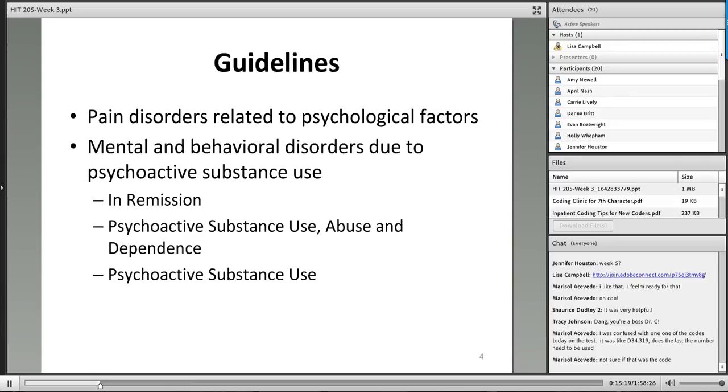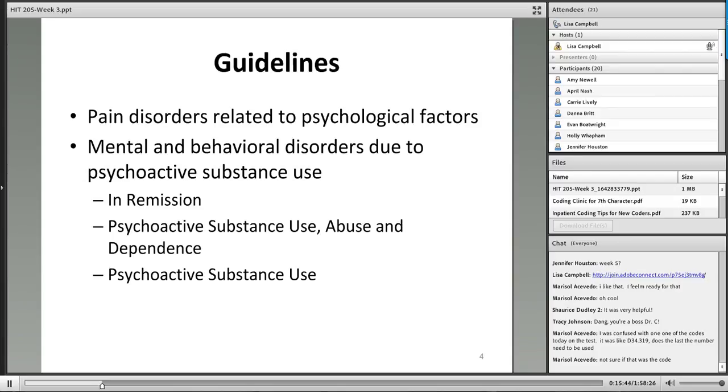And we talked about the importance of the instructional notes previously, so I won't go into that again. But just know that it's so very, very important that you verify your code in the tabular list and that you are reading those instructional notes.